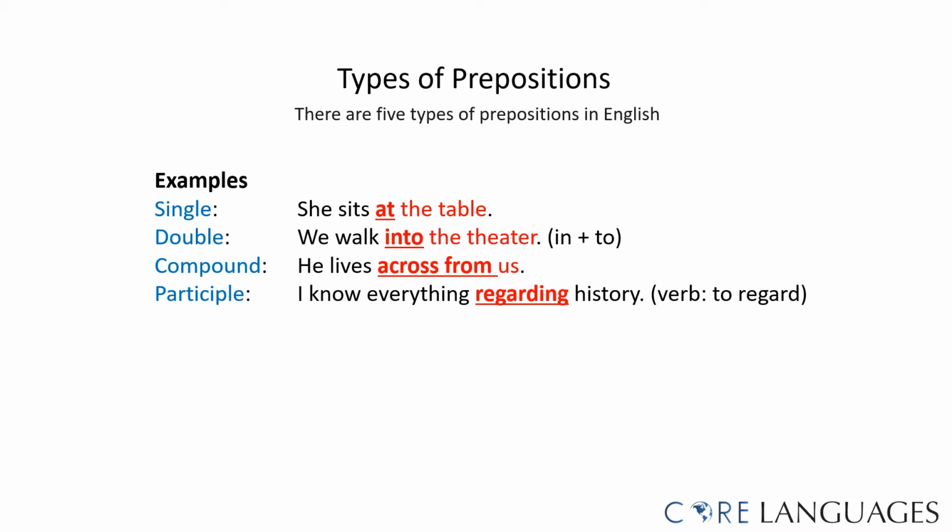For example, I know everything regarding history. Regarding is the participle of the verb to regard. There are also phrase prepositions, which are prepositions that are very frequently used with the same noun. For example, their flight is on time.